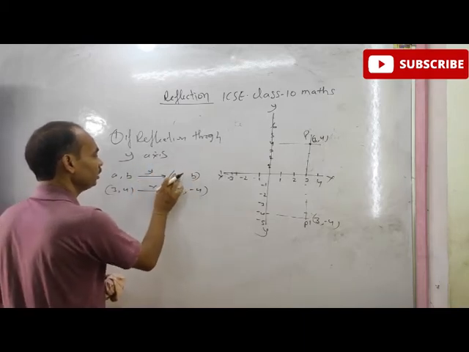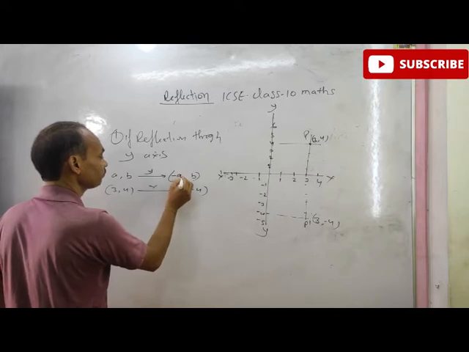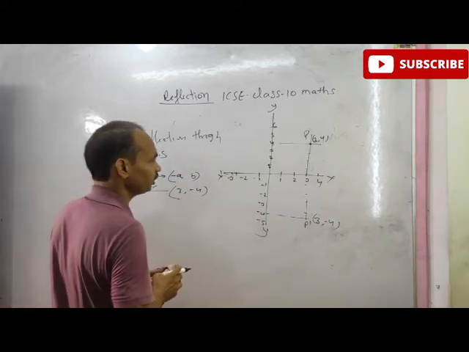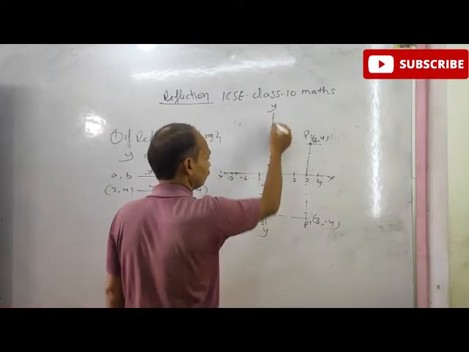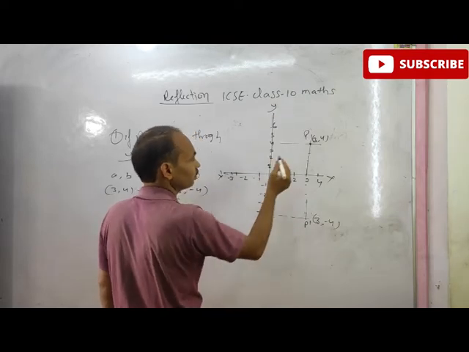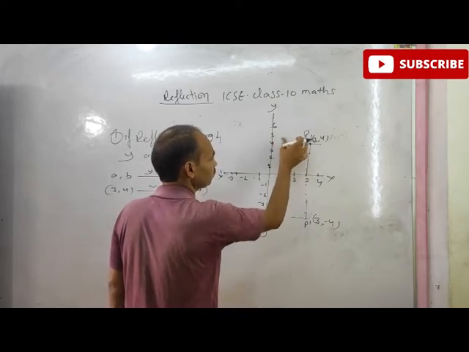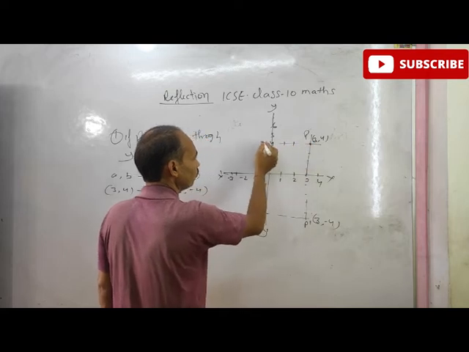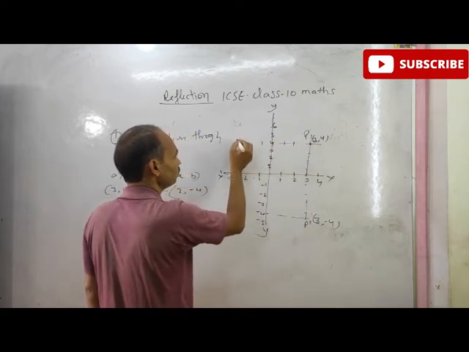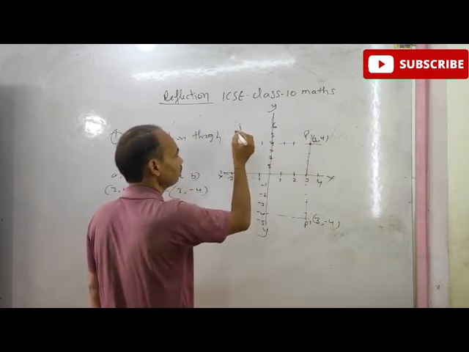Now, if reflection is done by the y-axis, then the sign of the abscissa is changed. If the y-axis is the mirror, then 1, 2, 3 on each side, and this is the image P dash.